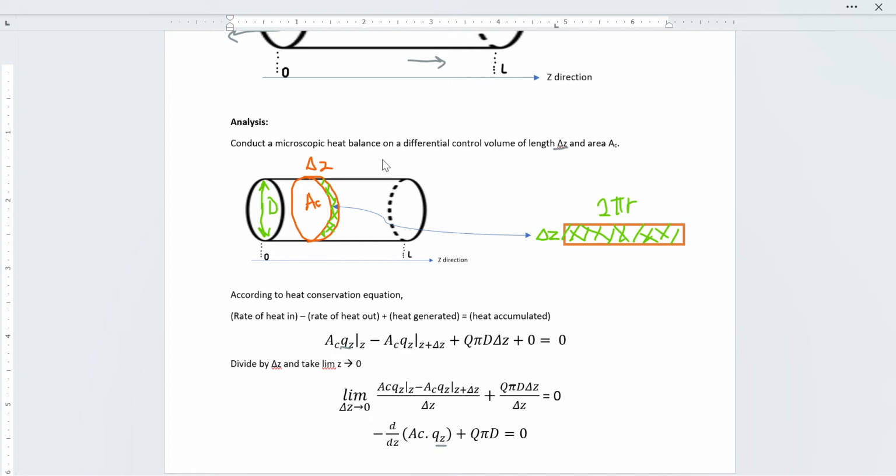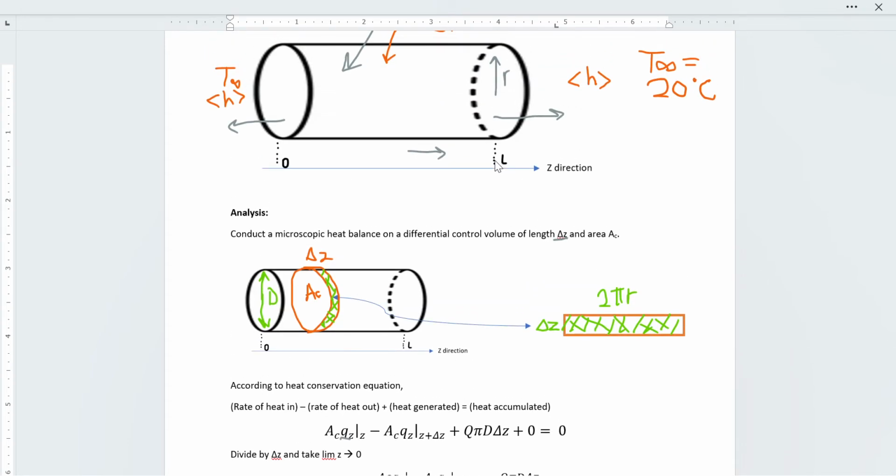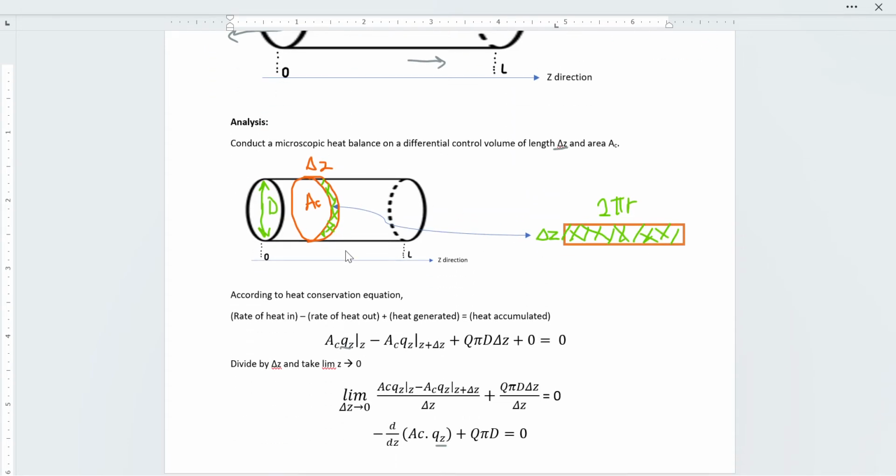Now, as we talked about, the temperature changes only in the z direction, so I am going to choose a differential control volume in the z direction. What this basically means is I cut a slice out of my cylinder of thickness, let's say, delta z. So this is my thickness delta z. This is the slice I cut out of my cylinder.